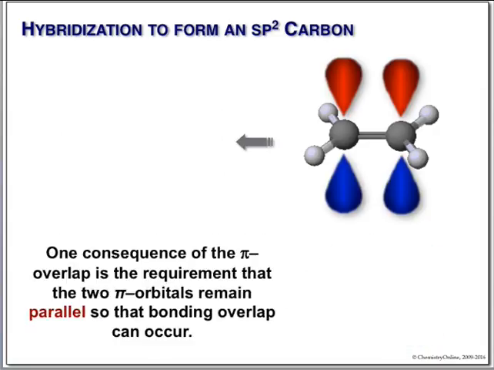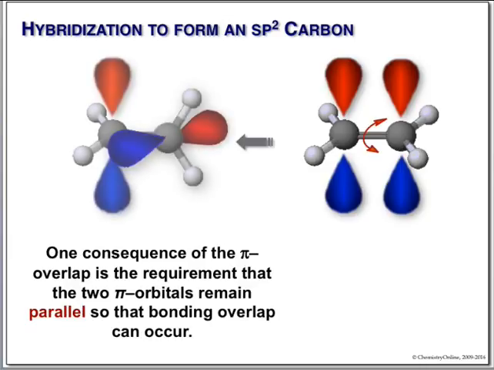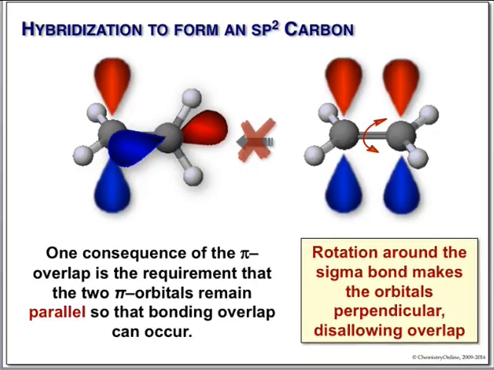There's one other cute thing about this. In order for these things to overlap and form their little hot dog bond structure, they have to line up perfectly. And that means that you can't rotate around this single bond anymore. Because if you did, it would go like this, and they don't line up anymore.